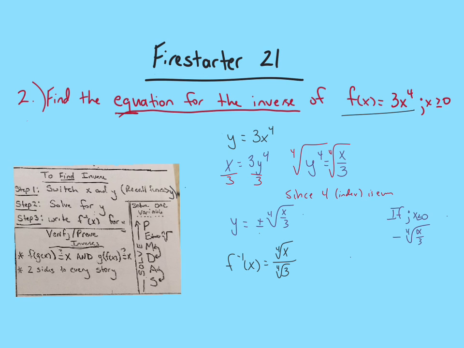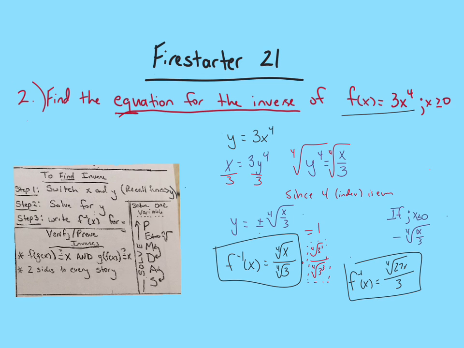So I'm going to multiply by 1, written as the 4th root of 3 cubed over the 4th root of 3 cubed, because that's just going to give me 3 on the bottom. This answer is totally fine, but I think the best answer would be f inverse of x equals, since 3 cubed is 27, the 4th root of 27x all over 3. And that's the best answer. I would take either one of them, though.